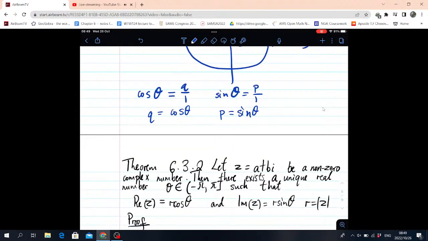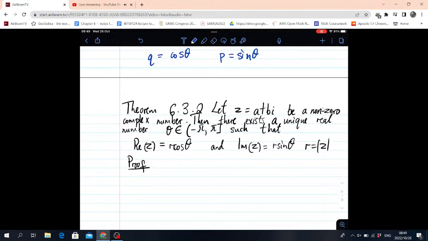We need this theorem to be able to prove this statement, and then we will define the polar form of a complex number. This is theorem 6.3.2. It says, let z be equal to a plus bi, which is a non-zero complex number.